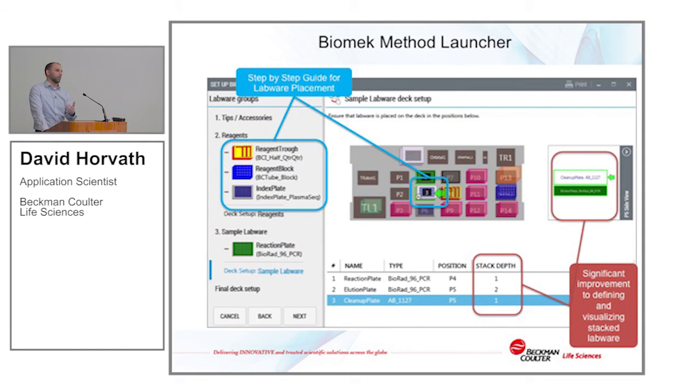Before, where you saw three reaction plates stacked on top of each other, you had really no idea that there were three. It looked like a single plate. So now you have that resolution. You know the specific name and the labware type of each of those plates. And this can be customized depending on the application. There are going to be different ways to set up a deck depending on the application needs.